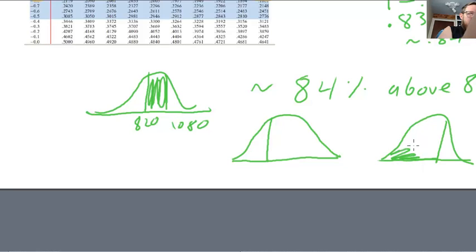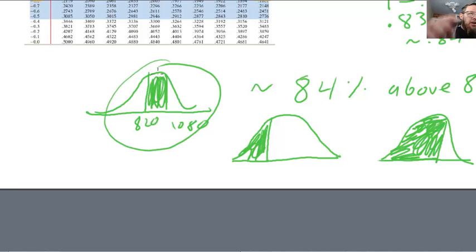All of our z-scores show us the area to the left. In order to find this area in the center here that we're looking at, we would take this whole big area and subtract this small area from it, and that would give us this area here. I should have reversed these and drawn a subtraction sign, but anyway, you get the picture.